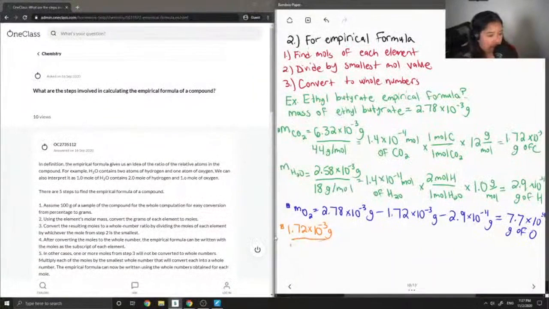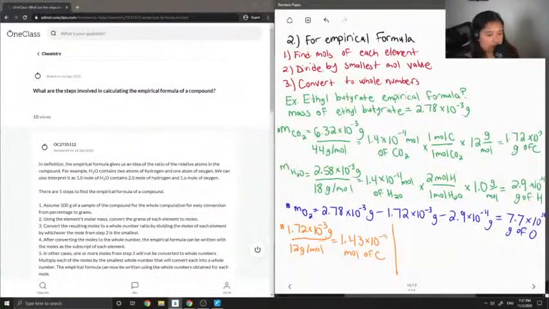I'm going to divide it by the molar mass of carbon, which is 12 grams per mole, and I get 1.43 times 10 to the negative 4 mole of carbon.